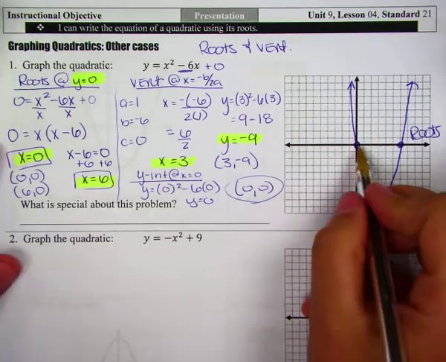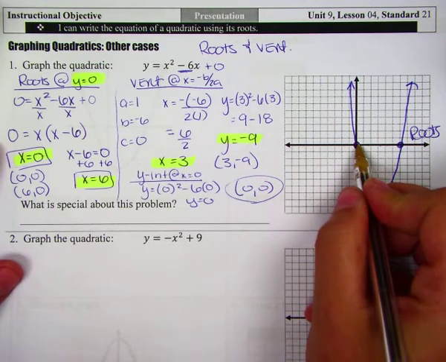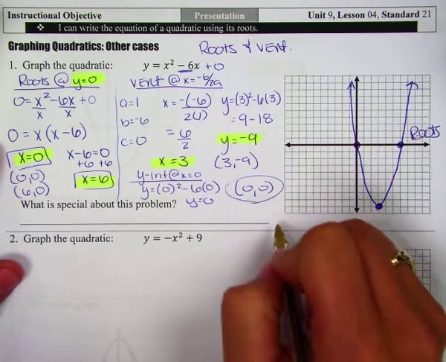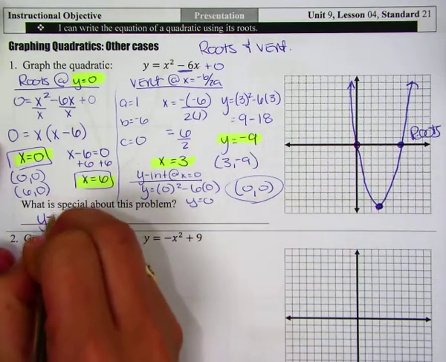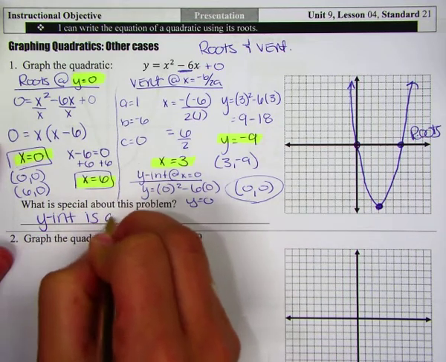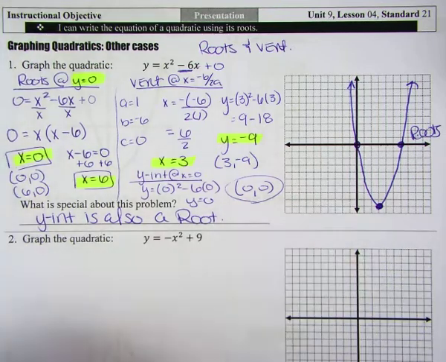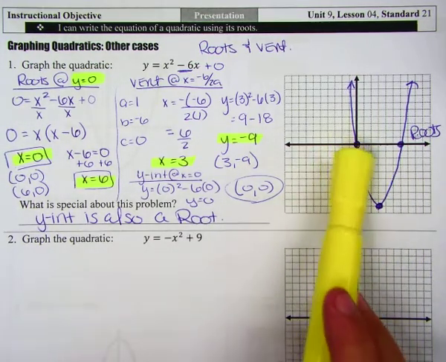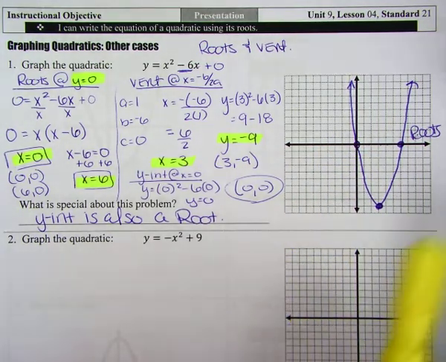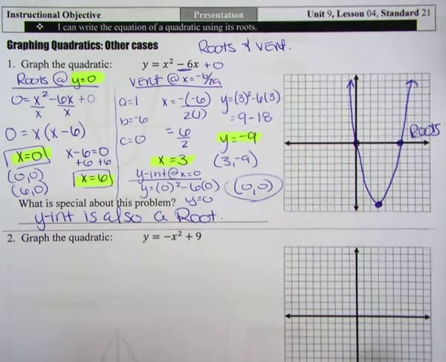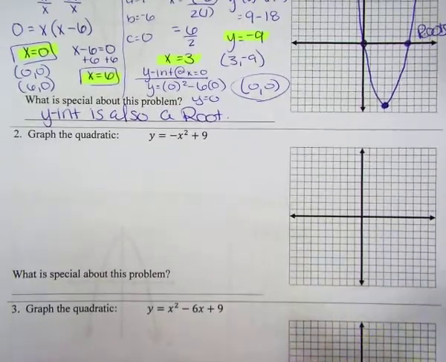What's special is that the y-intercept is also a root. So that (0, 0) is both a y-intercept and a root. Okay. Let's go ahead and graph number 2.